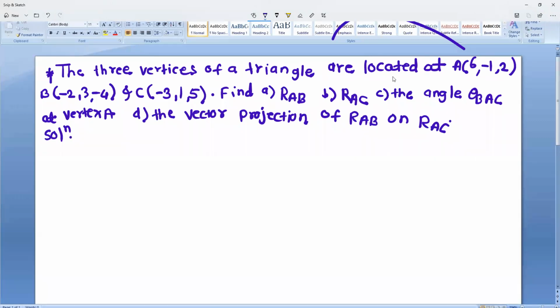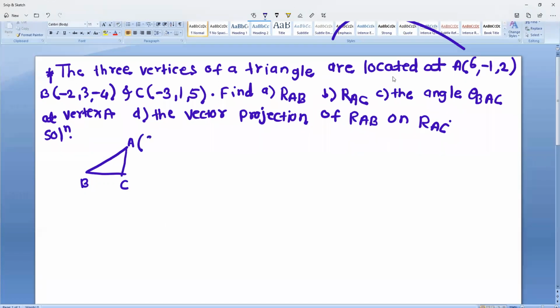Okay. So what is given? 3 vertices of a triangle are located. Okay. 3 points of a triangle are given. So consider one triangle. Consider these points as A, B and C. And what are the points?